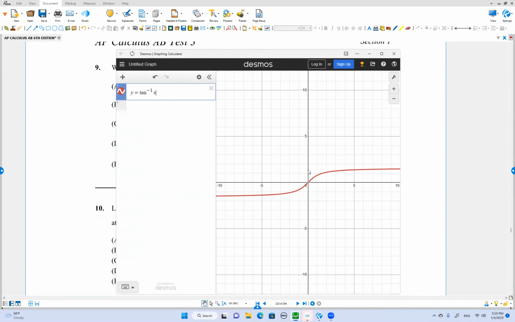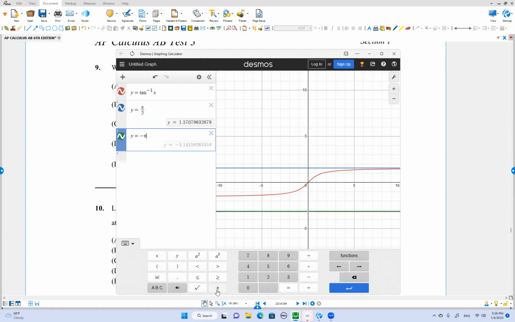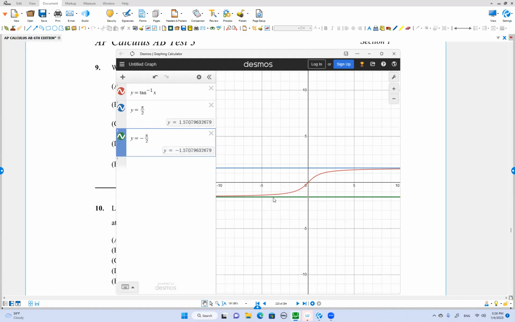Can you see it over here? This one is pi over 2. I'm going to write it down over here: the asymptote is pi over 2. That is the asymptote. The bottom over here is negative pi over 2, right? That's right, that is it.